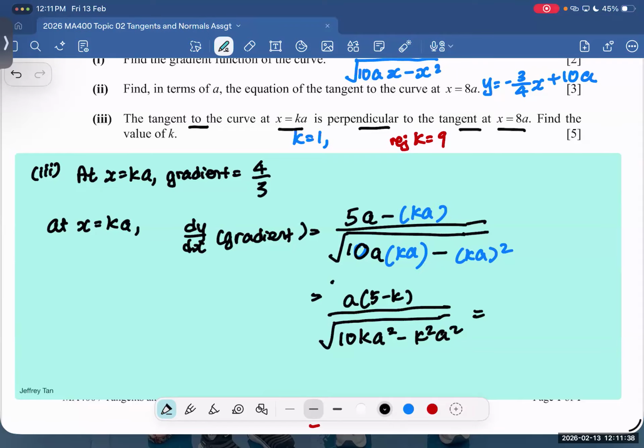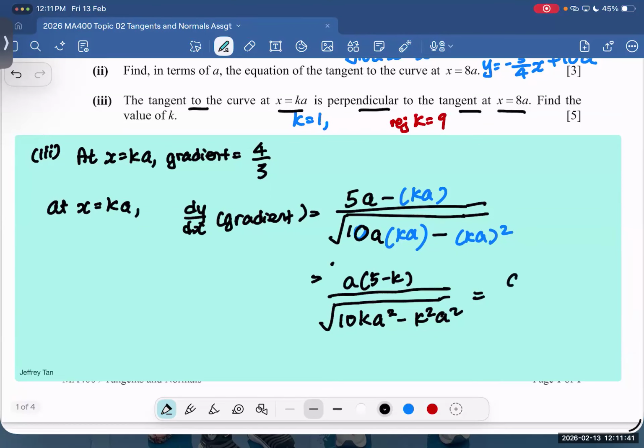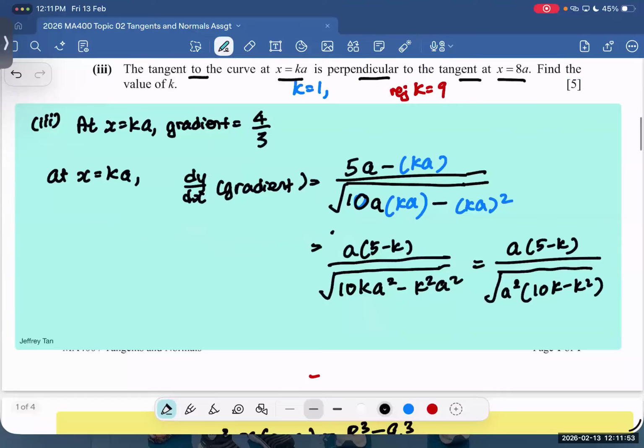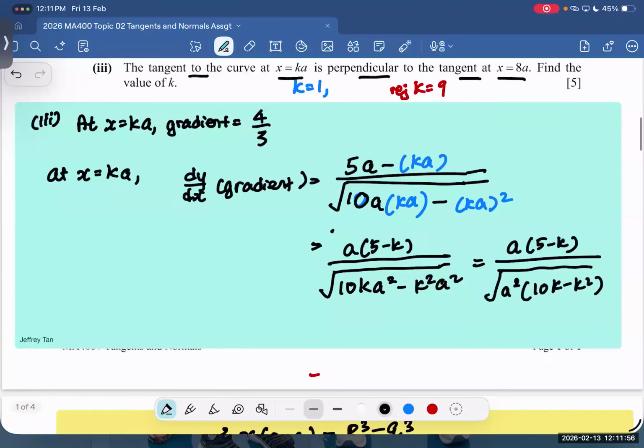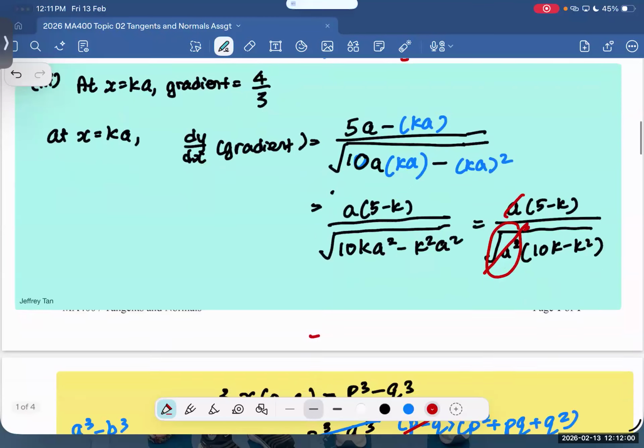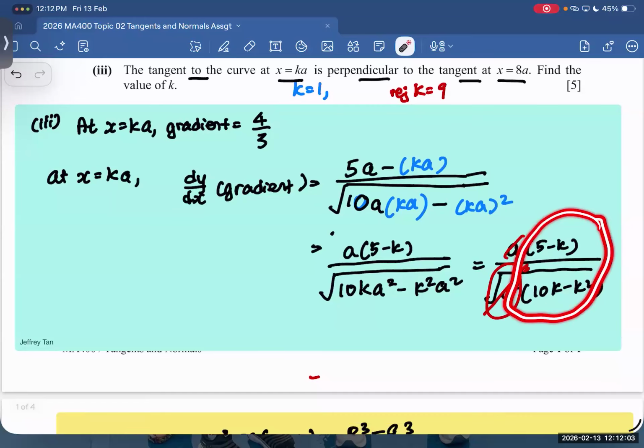So here, if you see the denominator, a squared can be factorized out: 10k minus k squared. So what is the square root of a squared? It just cancels. So can anyone tell me what do I equate this to? Very good. I equate this to 4/3. You solve this, you will get your answer.